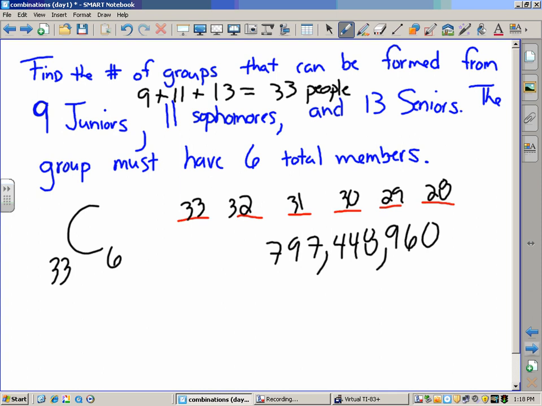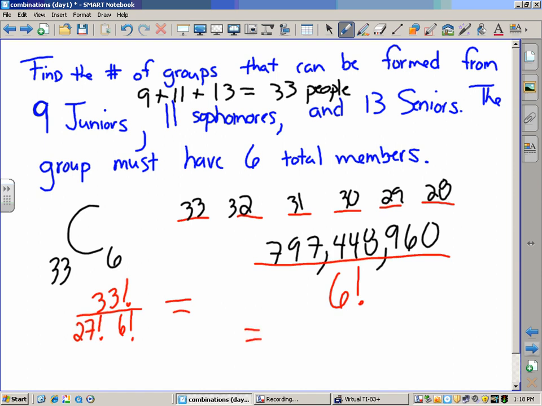Now the problem is that when we choose these people, order doesn't matter, so we had to divide by 6 factorial, which is 720 ways. That's the same thing as 33 factorial over 27 factorial times 6 factorial. And that'll give us somewhere around 1 million something. 1,107,000.